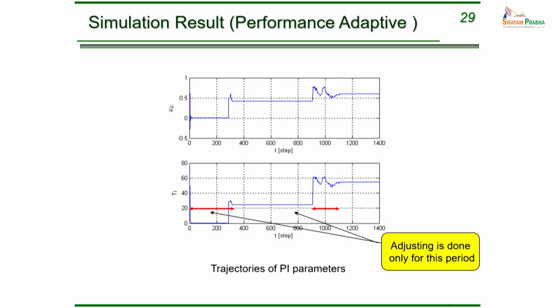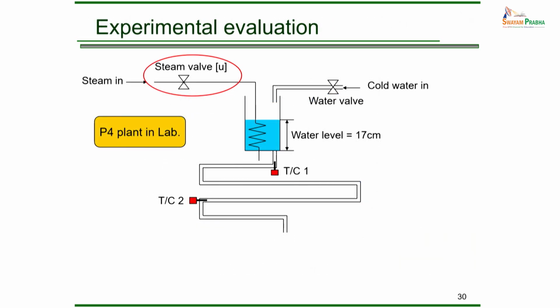Kc and tau I do change when the system identification is turned on, because the performance index goes below a user specified threshold. Important to notice that adjustment is only done at these small periods, so we're saving a lot of computational time.